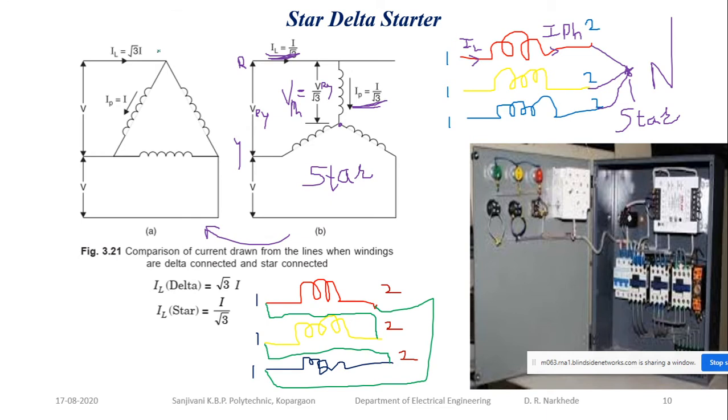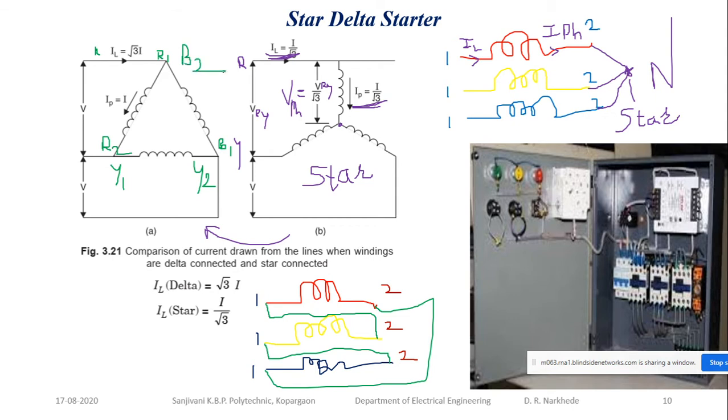So here you can see this is the R phase. This is my R1 and this is R2. This is Y1, this is Y2, and this is B1 and this is my B2.